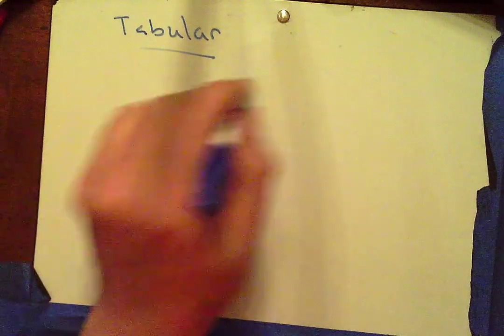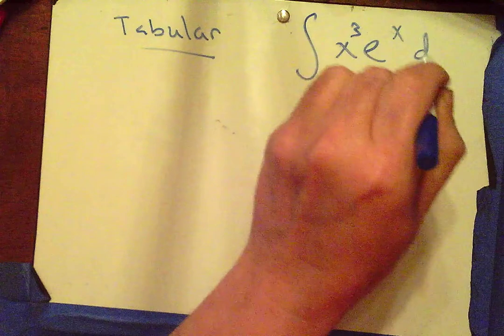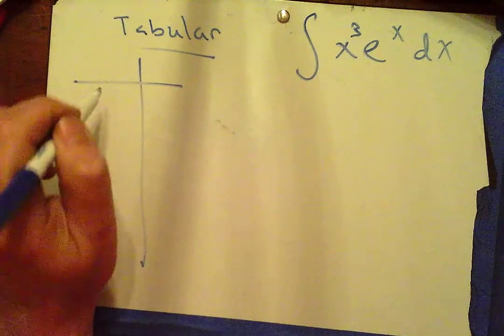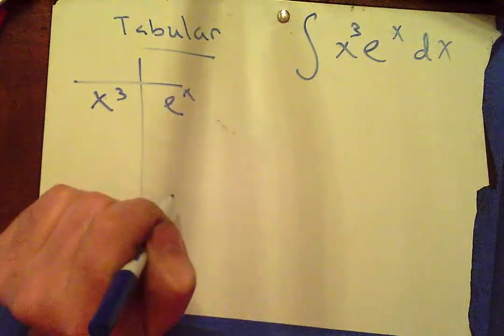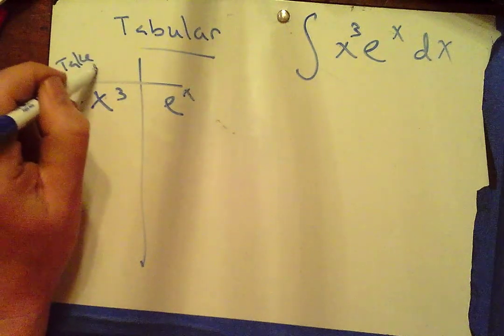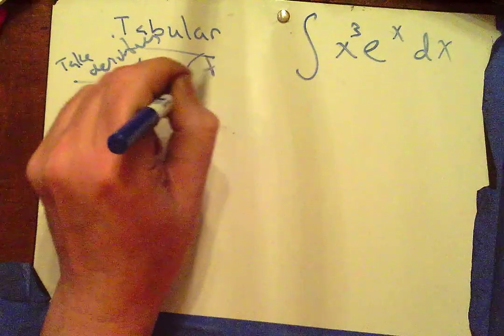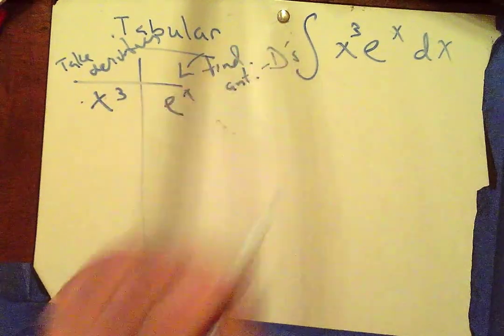So here's how tabular works. We're trying to do this problem, x to the third e to the x dx. We make a table. We put function on this side and derivative on this side. And over here, we take derivatives. And over here, we find antiderivatives.